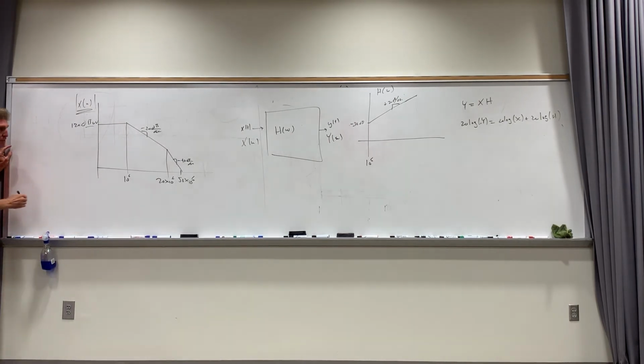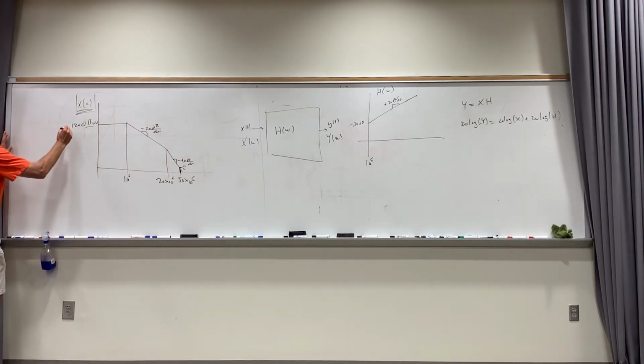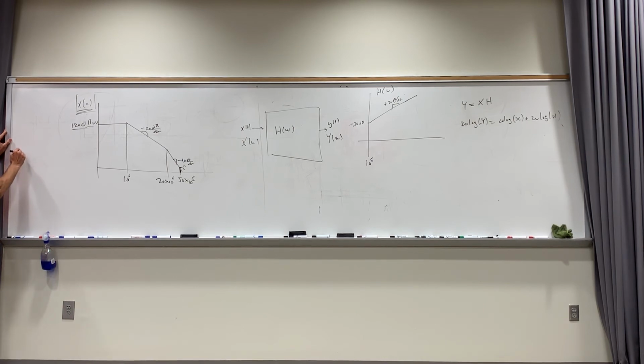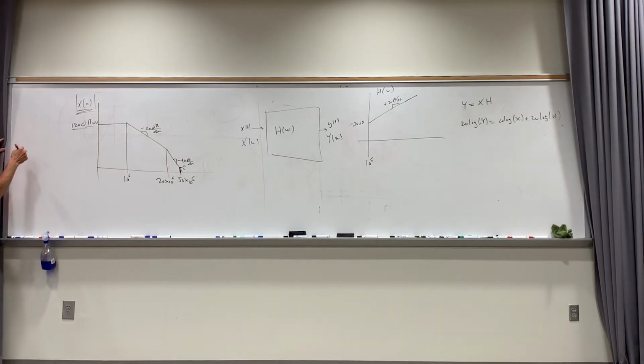If I want to figure out what the value is out here at 50 megahertz, I don't know that. I start back here and I say my X at omega, it's 20 times the log of X over 10 to the minus 6, at omega equal to 50 times 10 to the 6th radians per second.